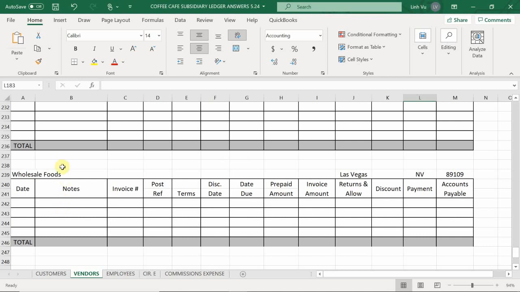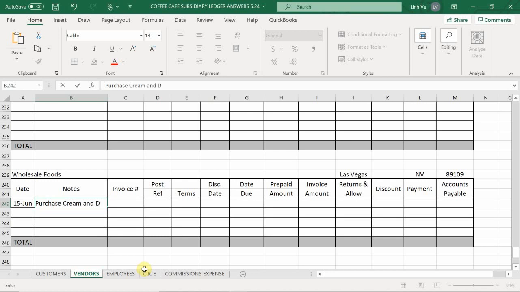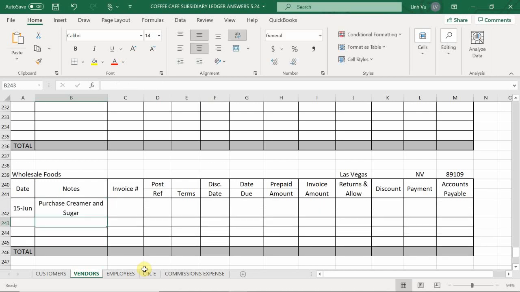Okay. And under wholesale foods, we will journalize this. So we've got the date. Notes: purchase cream and sugar. Invoice number, we didn't have one.